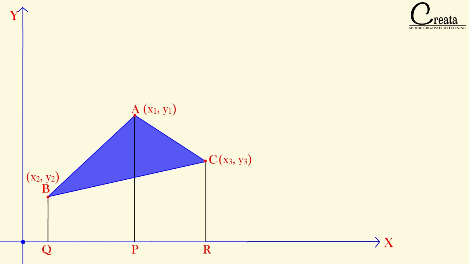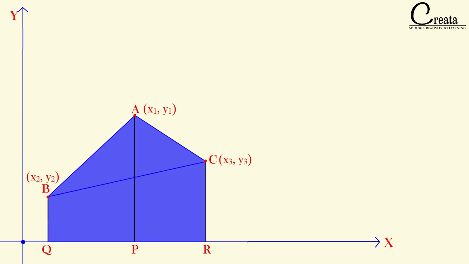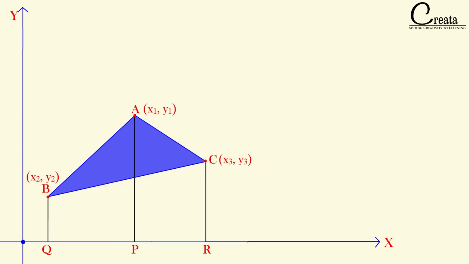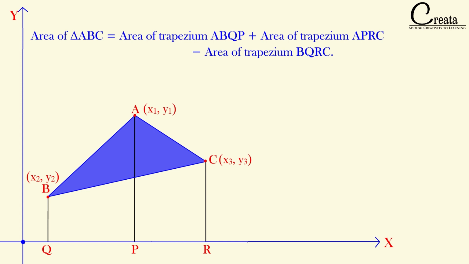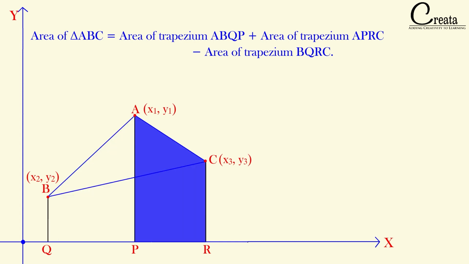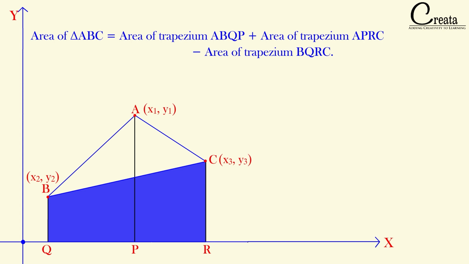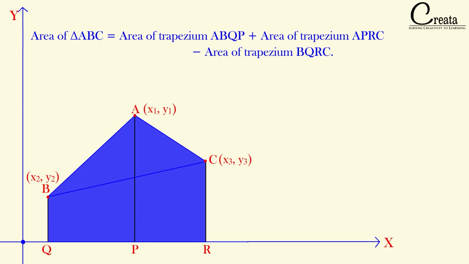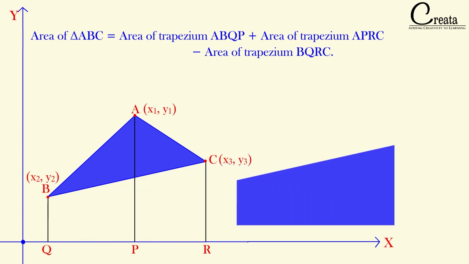Can we say the area of this triangle is equal to the addition of these two trapeziums minus the area of this trapezium? That is, area of triangle ABC is equal to area of trapezium ABQP plus area of trapezium APRC minus area of trapezium BQRC. So basically we have subtracted the area of this trapezium from the sum of these two trapeziums.